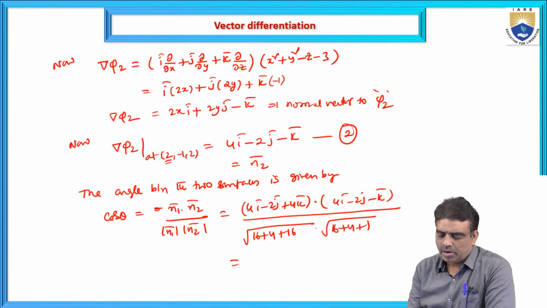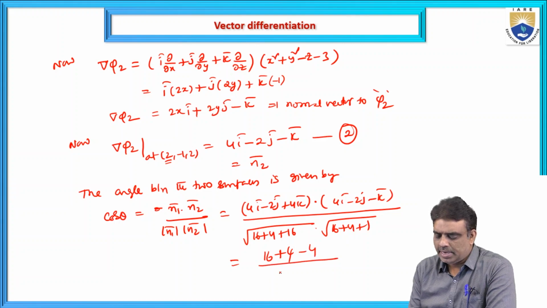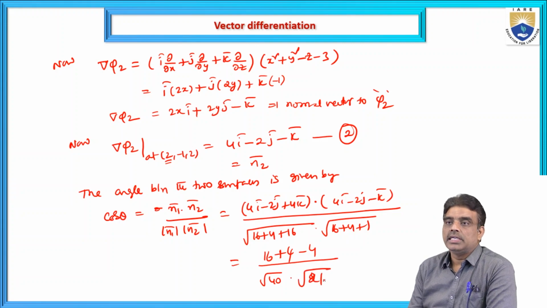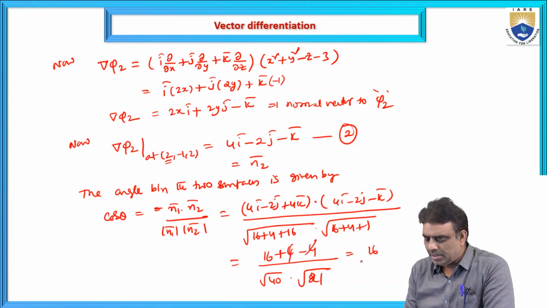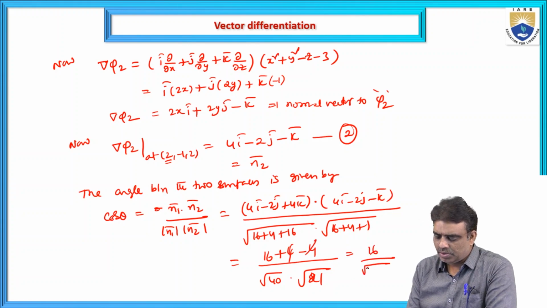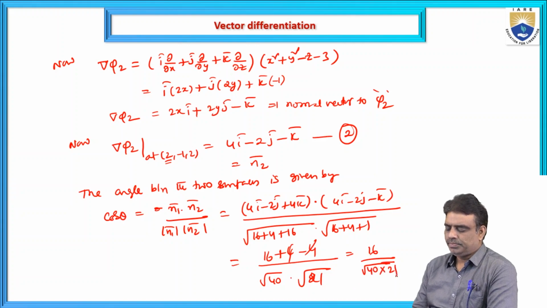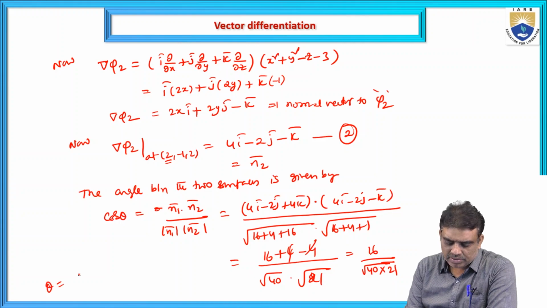So making the dot product, 4 4s are 16 plus 4 minus 4, by root 40 into root 21. 16 plus 4 is 20, into 21. That is equal to 16 by root 40 into 21. So theta is equal to cos inverse of 16 by root 21 into root 40.